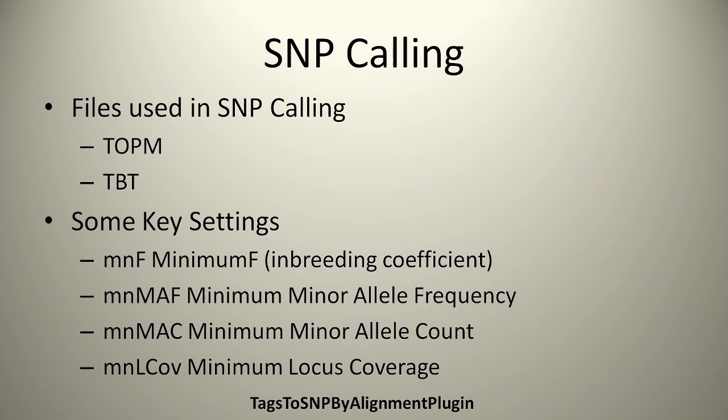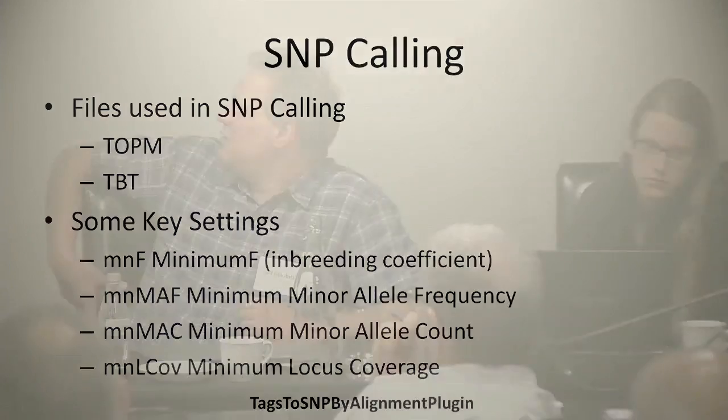And if you have inbred lines, you expect them to have low amounts of heterozygosity. Then the minimum minor allele frequency. Yeah, that's pretty much self-explanatory. And the minor allele count is just similar to the minor allele frequency. It's just the number of actual observations instead of the frequency.